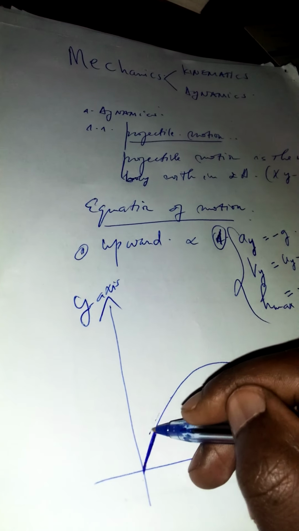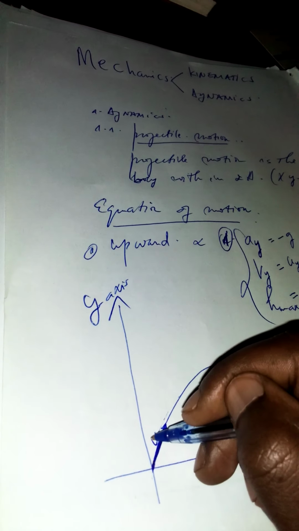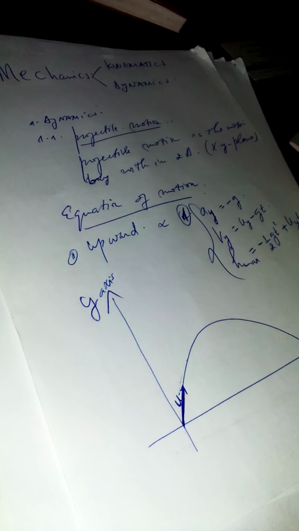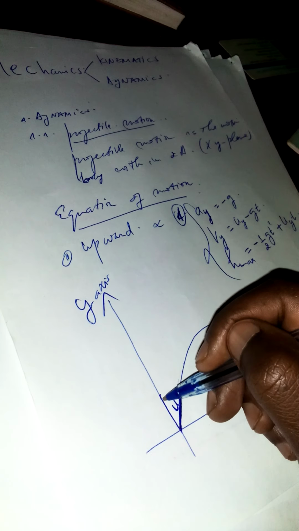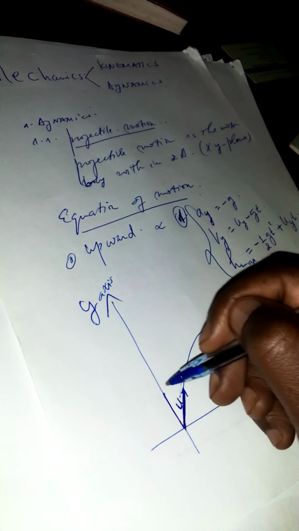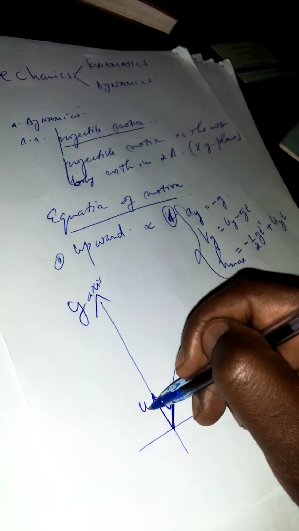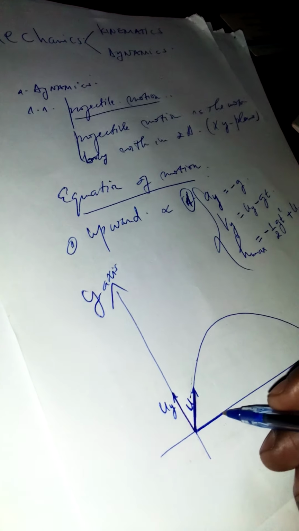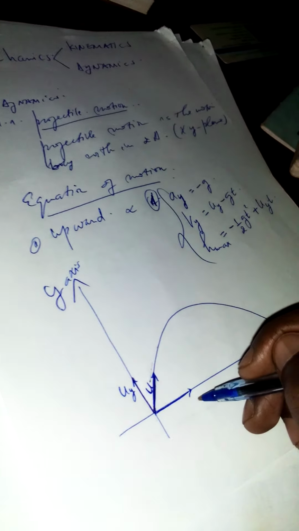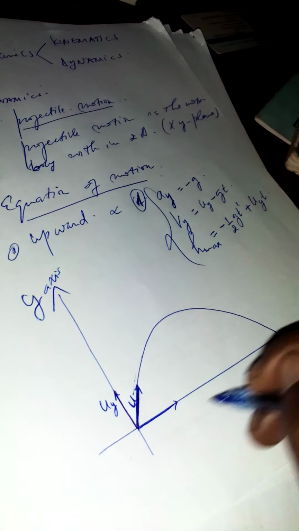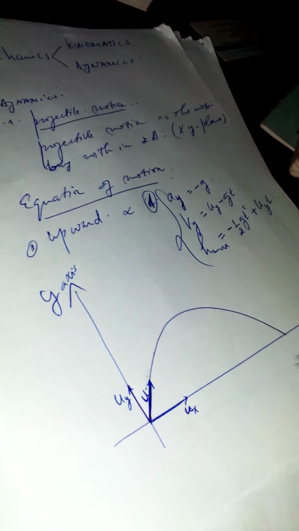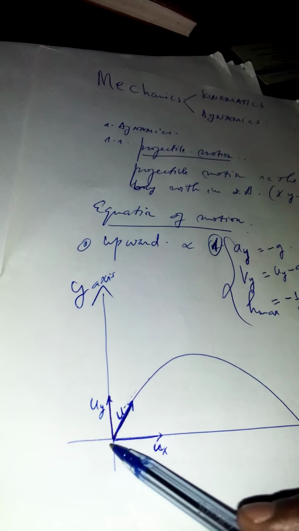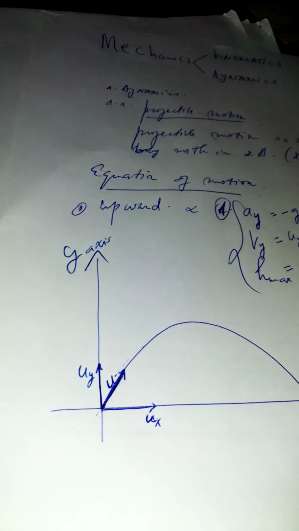The magnitude we take as u, and this vector has its components: uy on the vertical axis and, on the horizontal axis, ux. So this is the starting velocity, or initial velocity.